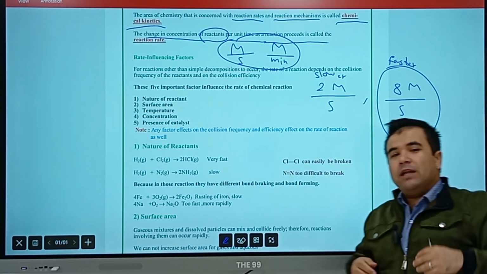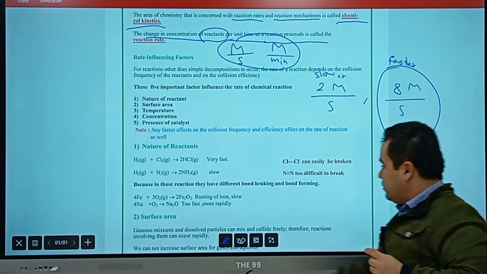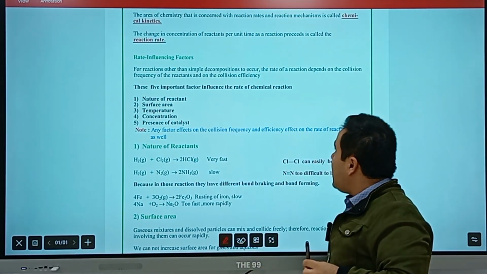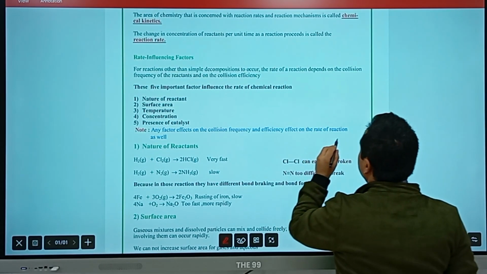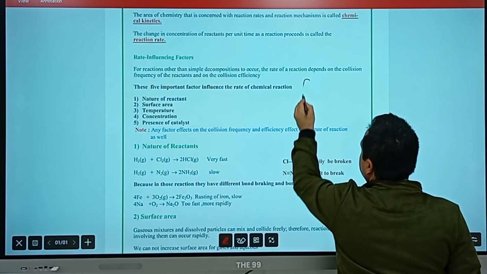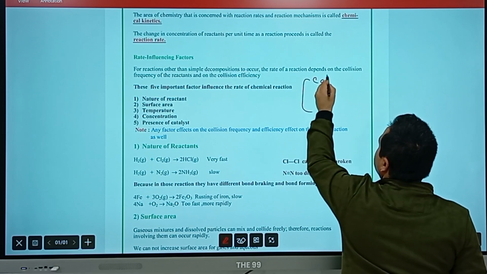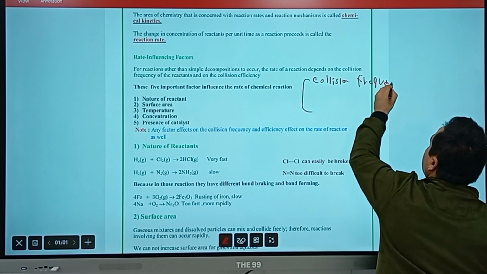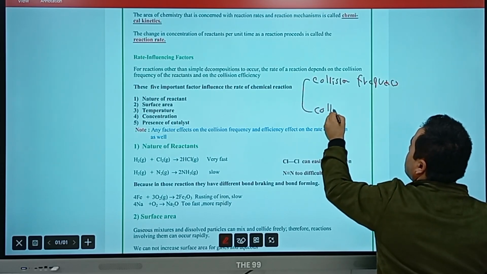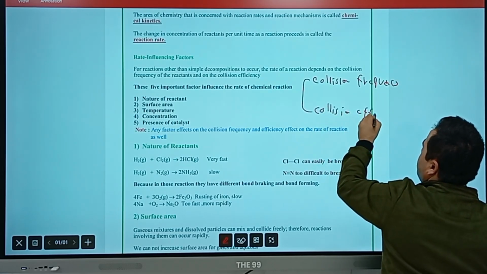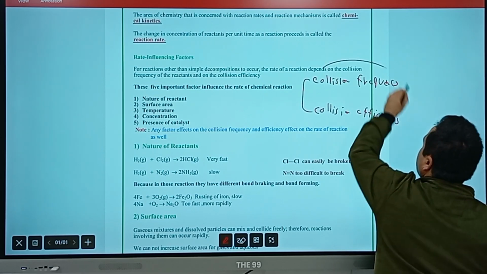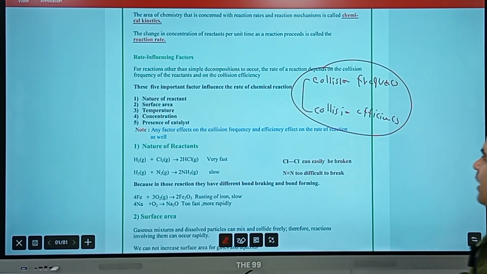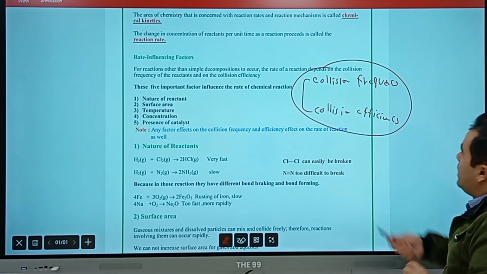What are the factors that influence the rate of the reaction? Any factor that changes the collision frequency or affects the collision efficiency can be considered one of the factors that influence the rate of the reaction.